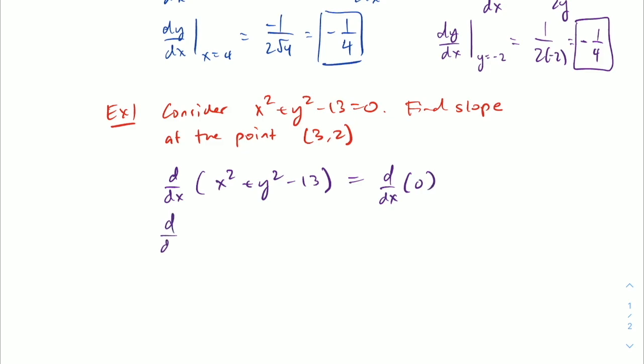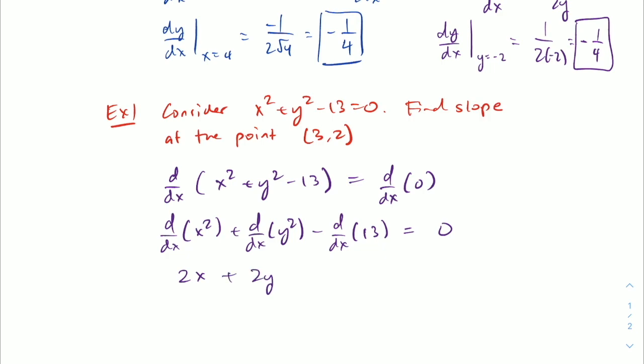So just using properties of derivatives, we're going to take the derivative of each part of the left-hand side. And we'll get 2x from the x squared. We'll get 2y. Don't forget, this is an implicit function of x, so we have to include, by the chain rule, the derivative dy/dx.